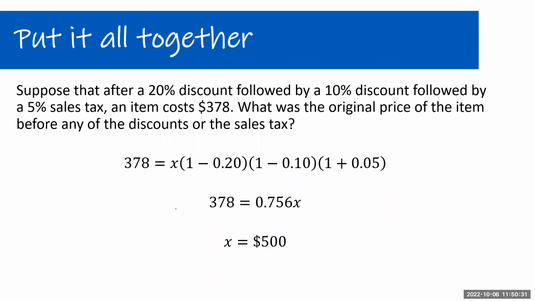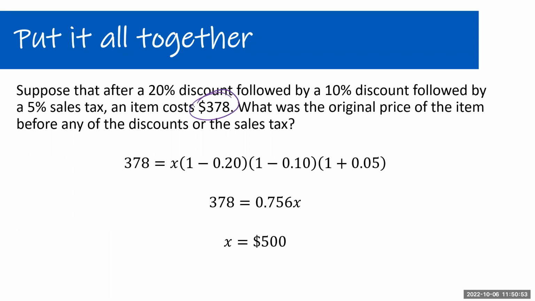Now let's finish with one more comprehensive example here. After a 20% discount followed by a 10% discount followed by a 5% sales tax, an item costs $378. What was the original price before any discounts or the sales tax? So we know that this was the selling price.